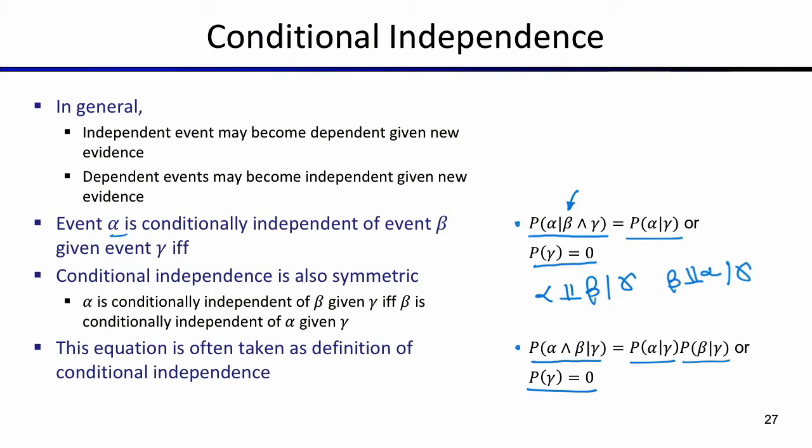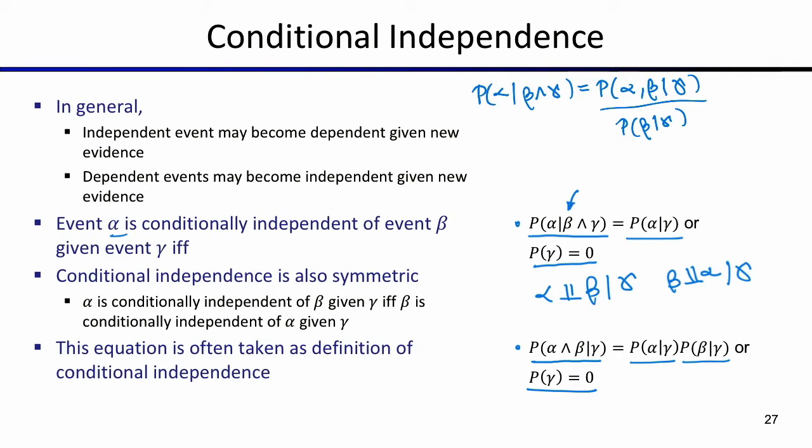And of course, we can prove one definition, one property from the other one, right? So, for instance, we can start with the probability of alpha given beta and gamma, and that's going to be equal to the probability of alpha and beta given gamma divided by the probability of beta given gamma, right?